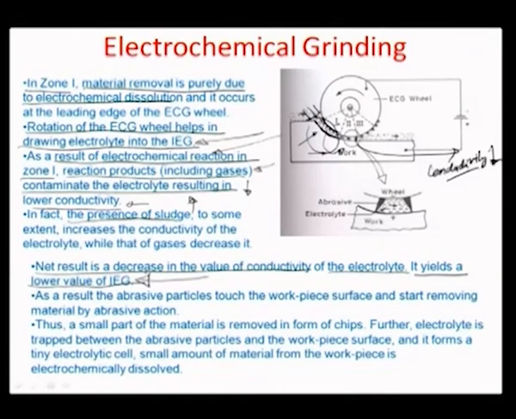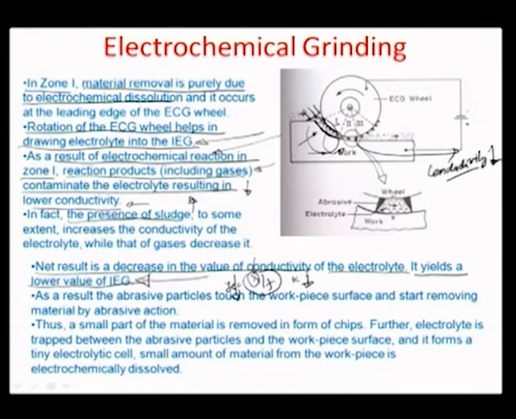Equilibrium gap, as you may recall from your previous analysis on ECM, is really determined by lambda by f, and lambda is dependent on the conductivity. So if conductivity is low, then the equilibrium gap also automatically falls. So the IEG decreases because of a decrease in conductivity.